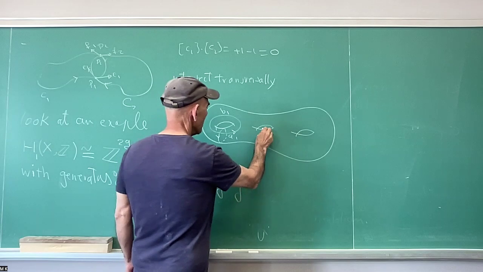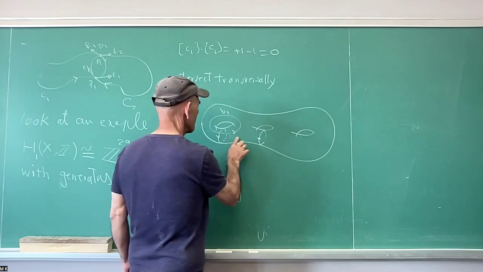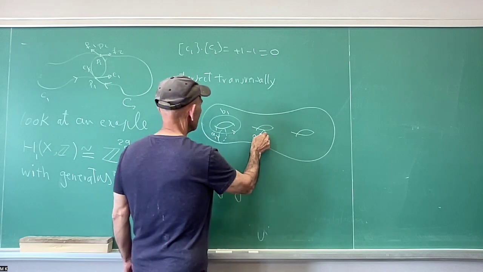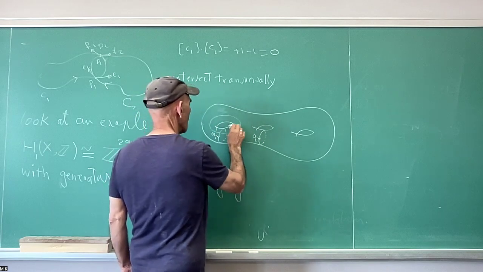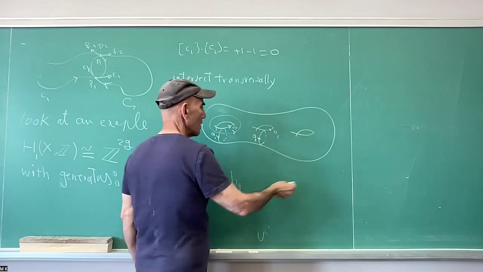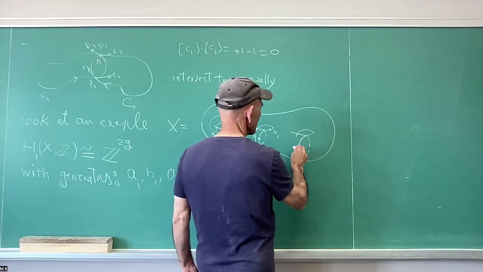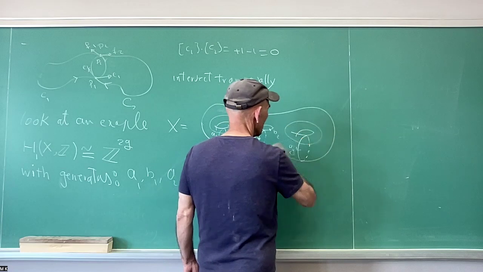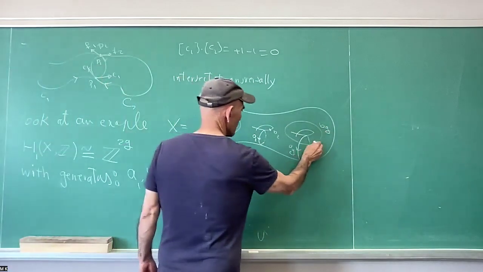So let me put it here, A1, this is A2, and here I go in this direction, B1, and A2, and I go this direction, B2, and then the last one, AG, and I just go around, BG, using this orientation.